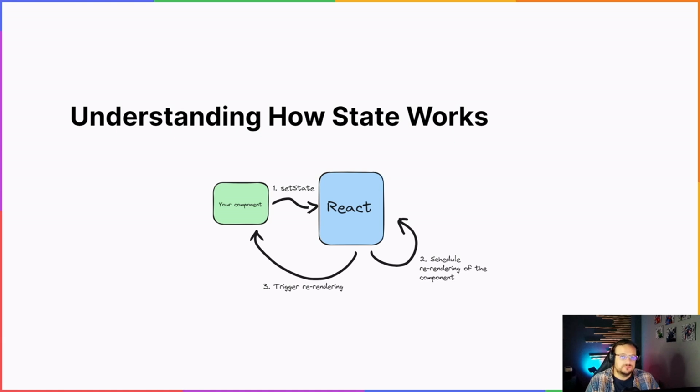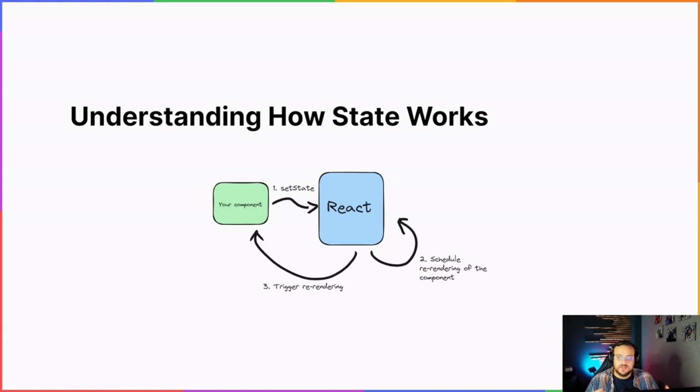However, whenever you use your setter functions for the state, your component is going to be updated. So what happens behind the curtain in a very oversimplified way is that when you call the setter function for your state variable, React will get that signal, understand that you want to update your component, and it will schedule a re-render of your component with a new value of the state variable.